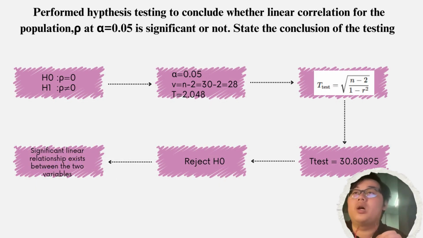Next is performing hypothesis testing to conclude whether the linear correlation for the population rho at alpha 0.05 is significant or not, and state the conclusion of the testing. First, we must set the hypotheses. My null hypothesis is rho equal to 0, and the alternative hypothesis is rho not equal to 0.